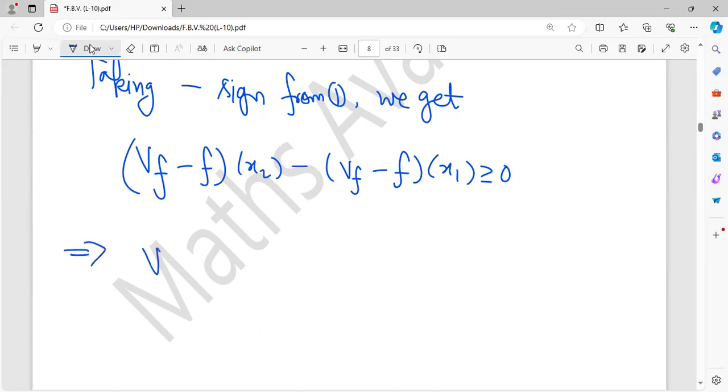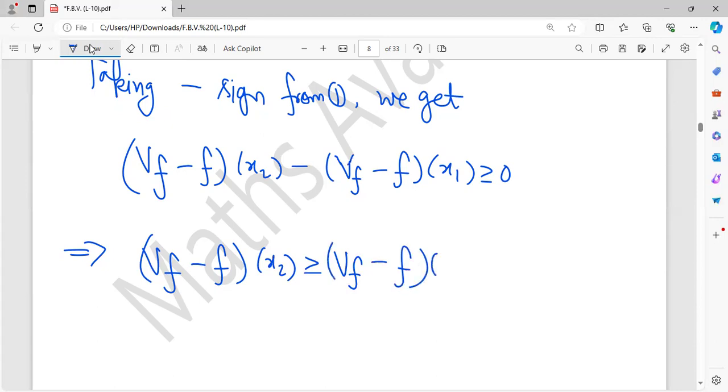So this implies V_f minus f at x2 is greater than or equal to V_f minus f at x1, for x1, x2 belonging to the closed interval [a, b] such that x2 is greater than x1. So what is the meaning of this?